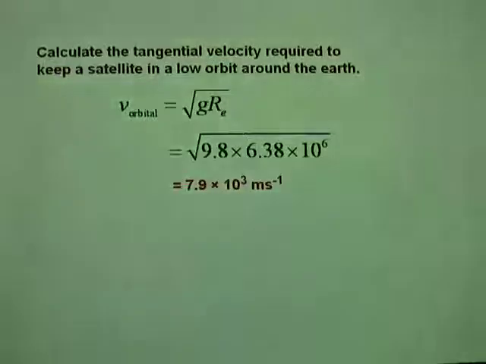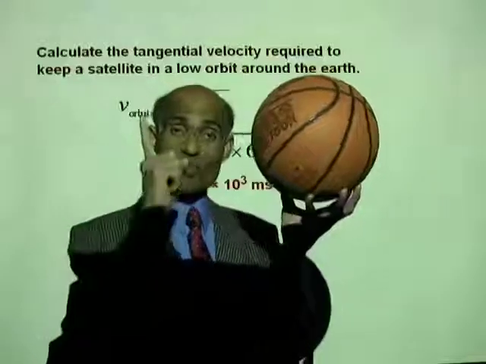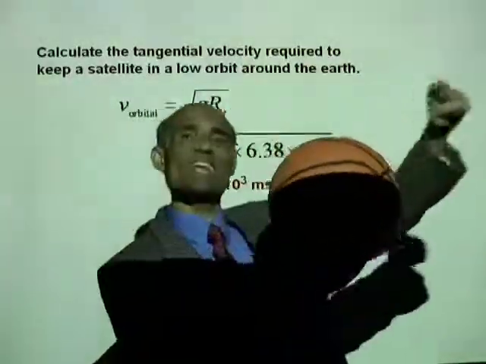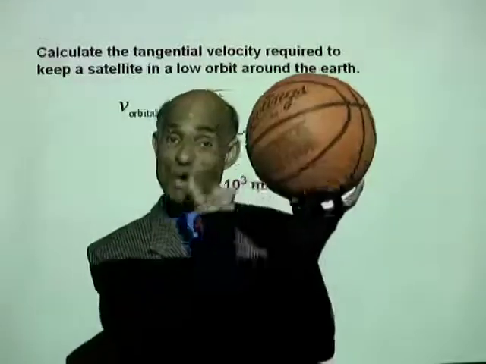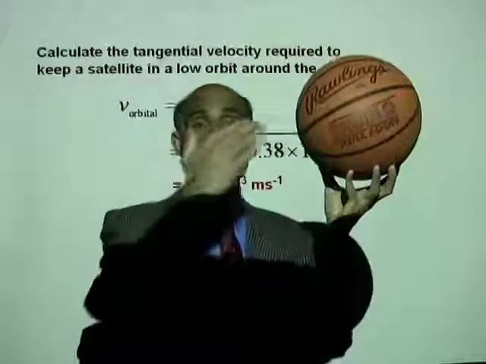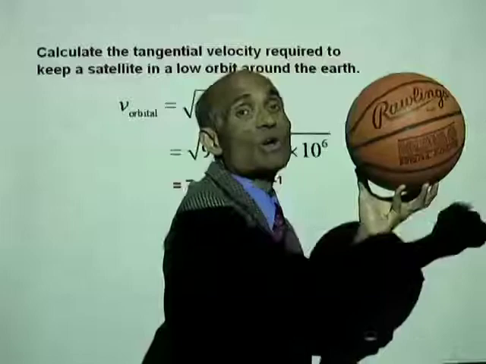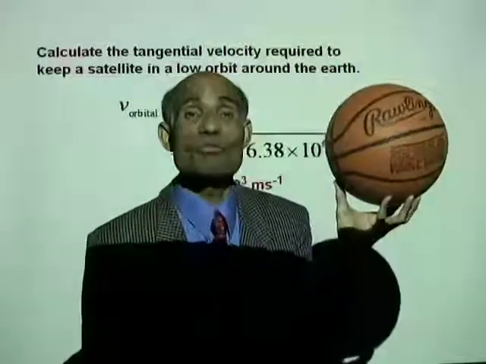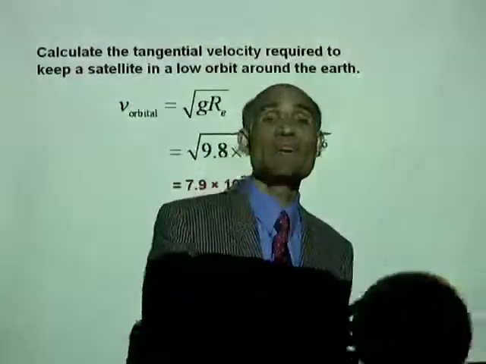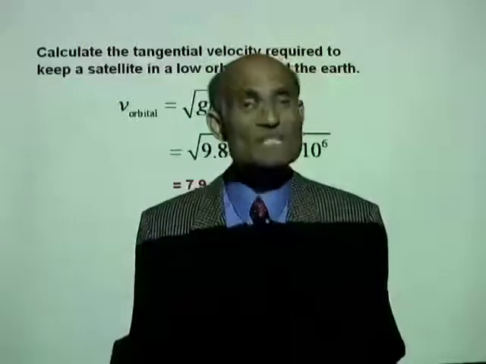So, if I can throw this ball with a speed such that in 1 second it will cover about 8 kilometers, that means the amount of fall of the ball will be equal to the amount of fall of the surface of the Earth. The ball will go around in that low orbit. And that is the meaning of orbital velocity.